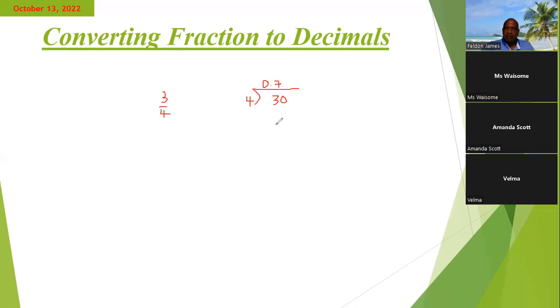We put the 28 below the 30, sir. And then we take away. 4 sevens are 28, sir, not 27. Oh, sorry. All right, so 28 from 30 leaves 2.